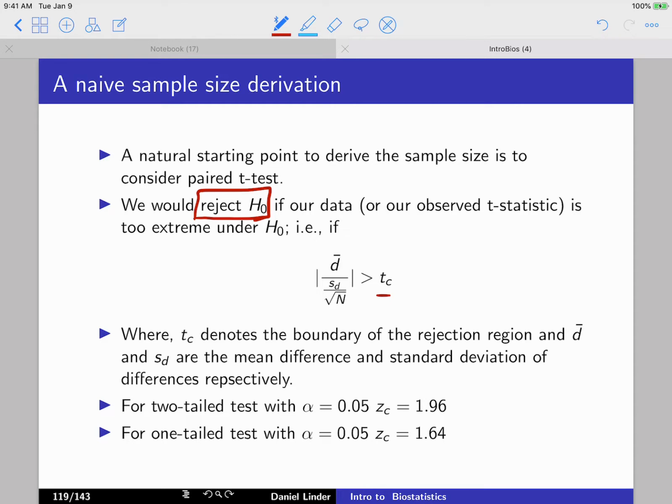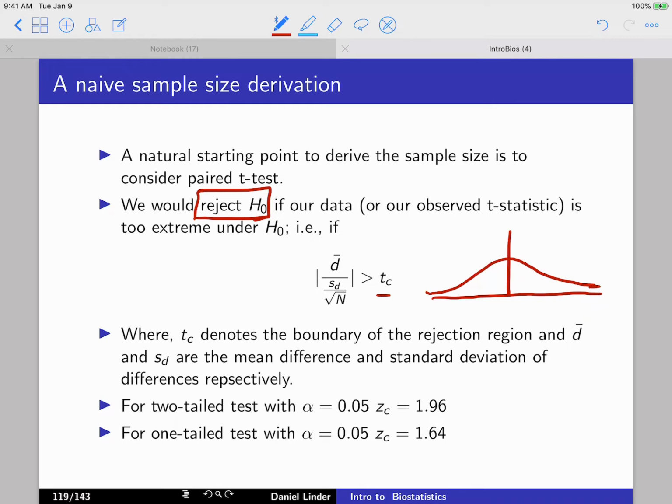I'm saying t sub c, and this t sub c corresponds to the value on the t distribution that starts the rejection region. Let me draw a very small graph here. If I draw the t distribution, it looks kind of normal but has fatter tails than the normal distribution.